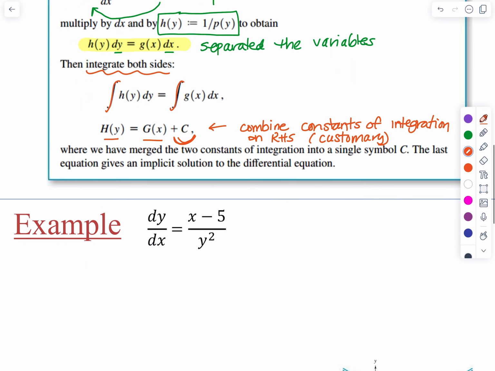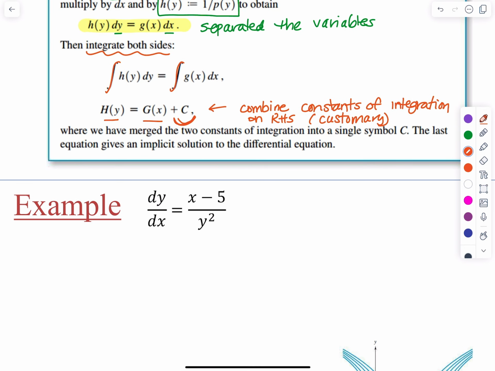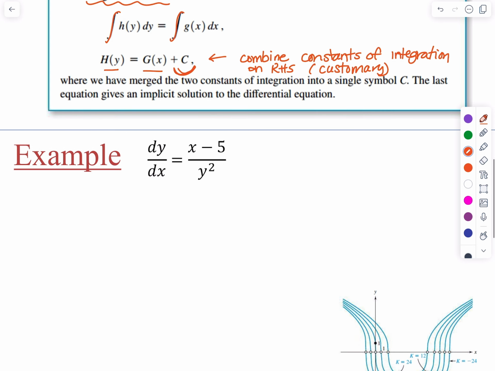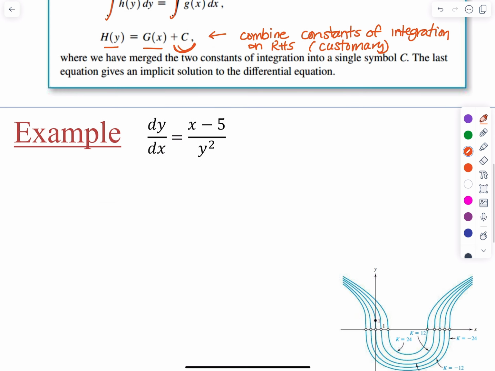Let's look at our first example: dy/dx is equal to (x minus 5) divided by y squared. So let's go ahead and treat dy/dx as differentials. So we have dy here in the numerator, and we have dx on the right-hand side.